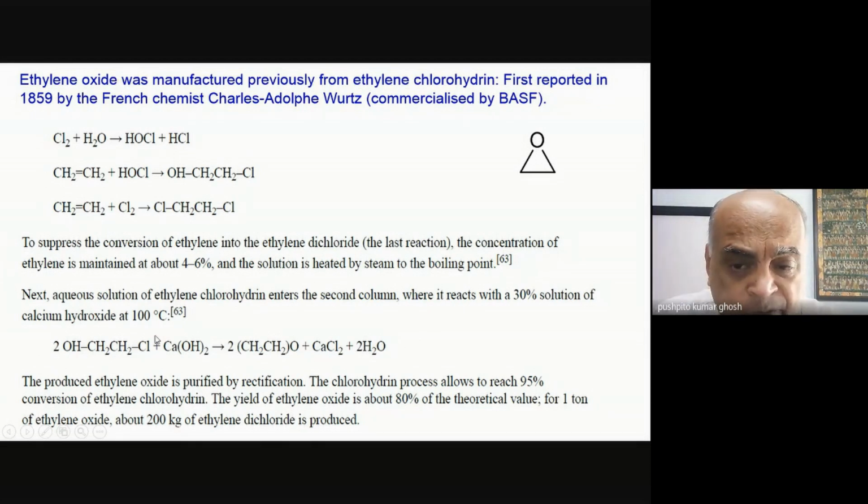It's not a bad process. Certainly, if you ignore the dichloroethane formation, if you consider going from here to here, ethylene oxide, you can actually do it with a 95% conversion. So this step is very efficient. But you can see that for 1 ton of ethylene oxide, you end up forming about 200 kg of dichloroethane.